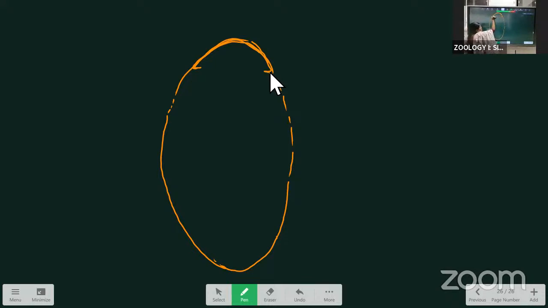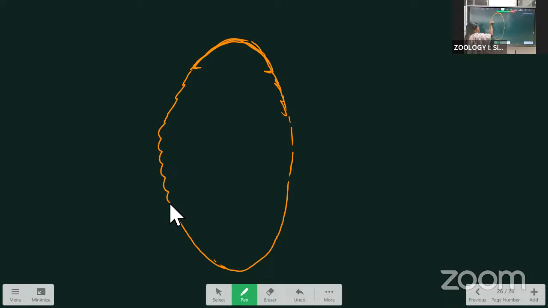In the thoracic region, three segments are present. Next, you draw just 10 segments in the abdominal region.